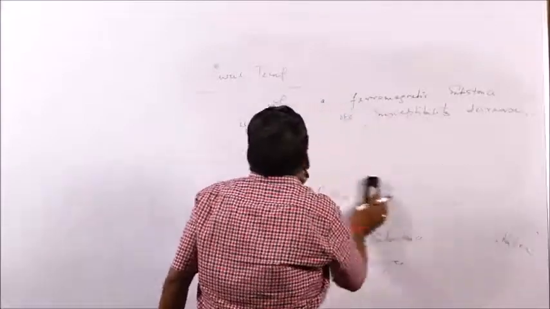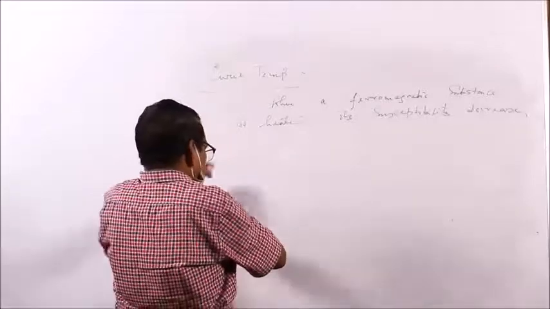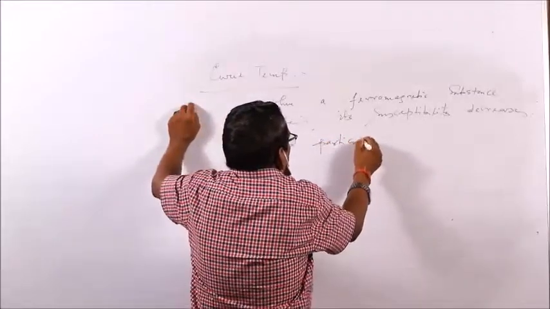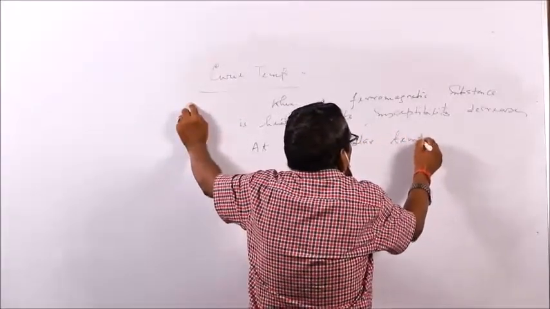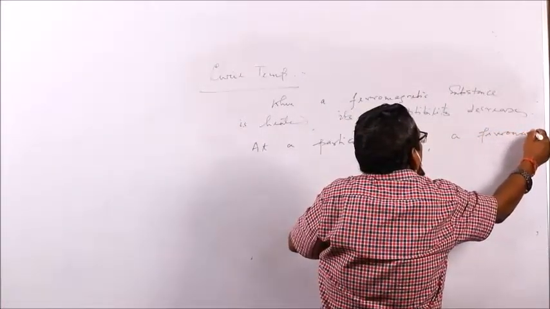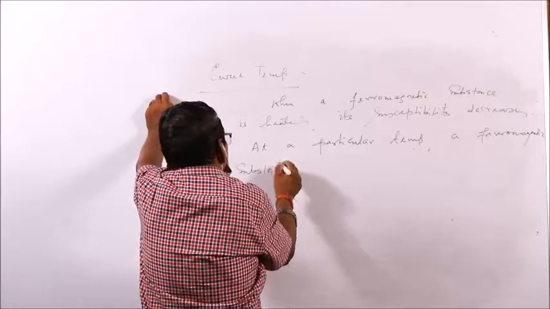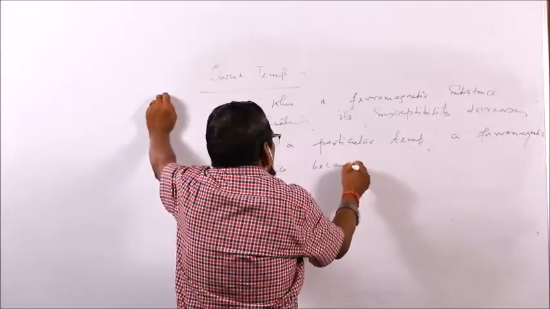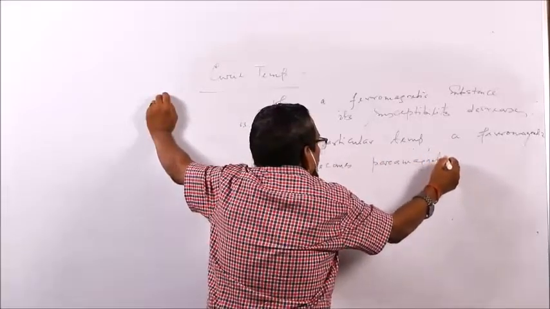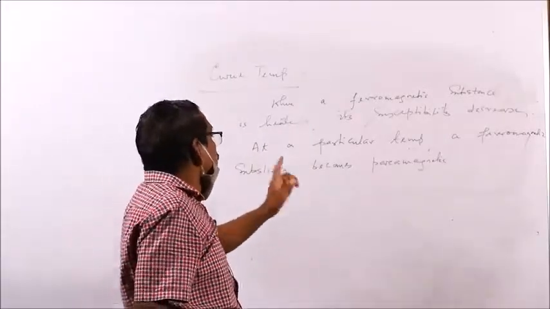At a particular temperature, a ferromagnetic substance becomes paramagnetic.